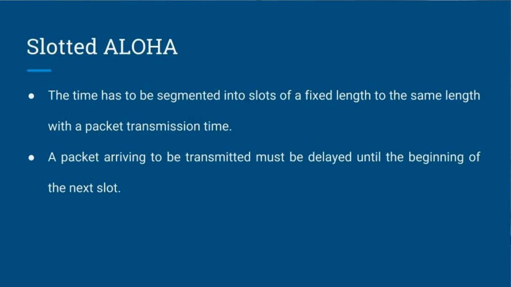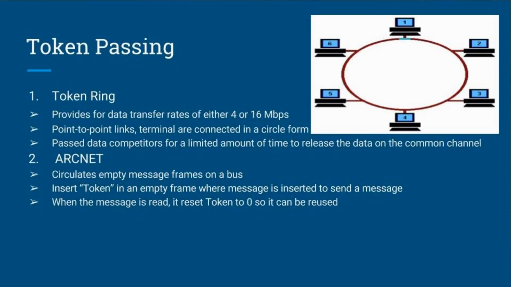For token passing, there are two types. The first one is token ring, and the second one is ARCNet. Token ring is a widely used protocol in local area networks after Ethernet. Token ring technology provides a data transfer rate of either 4 or 16 megabits per second.